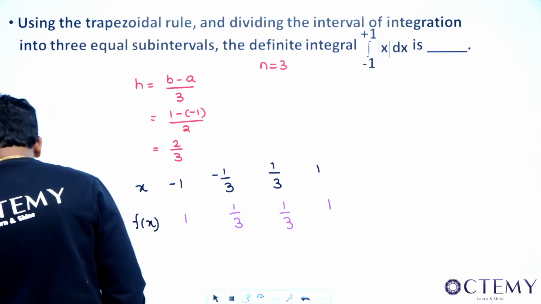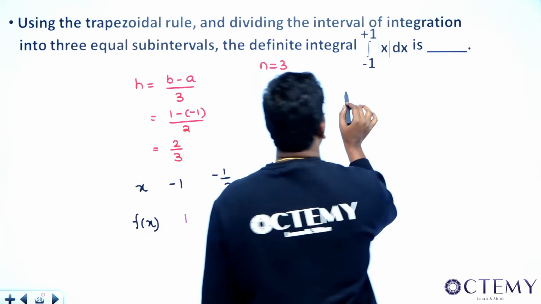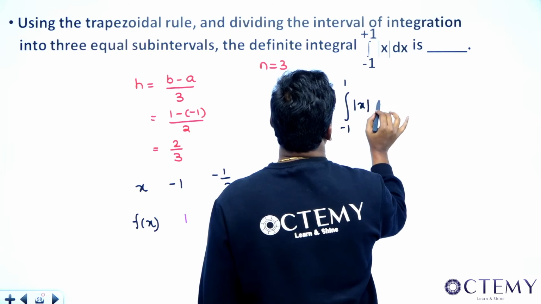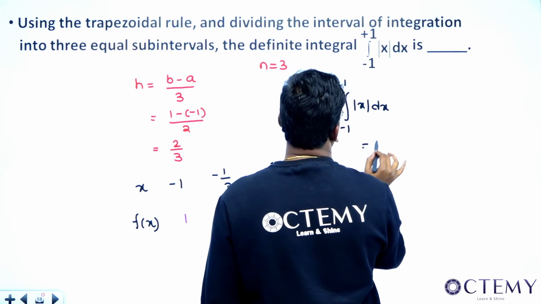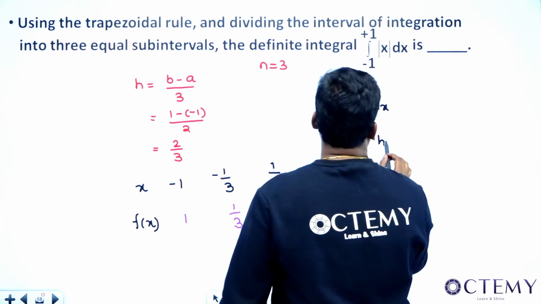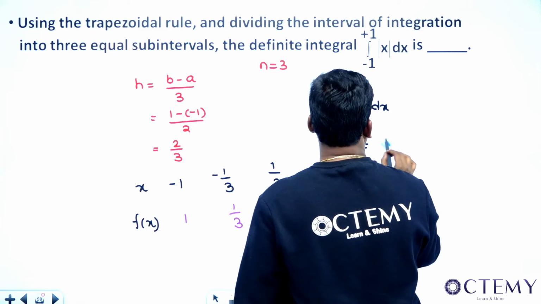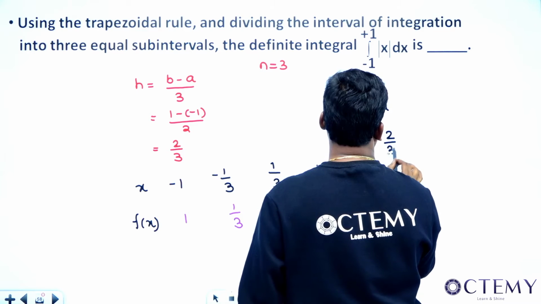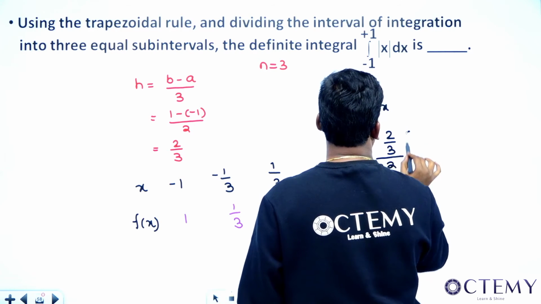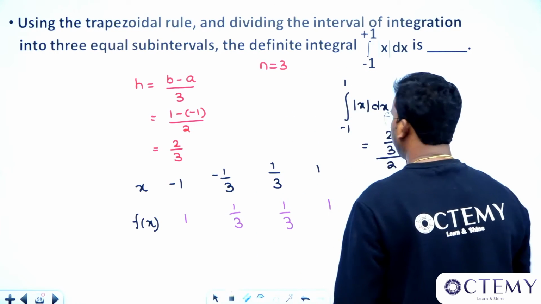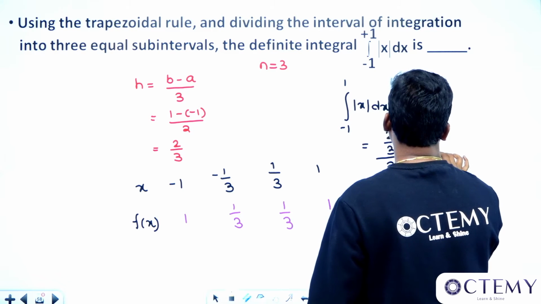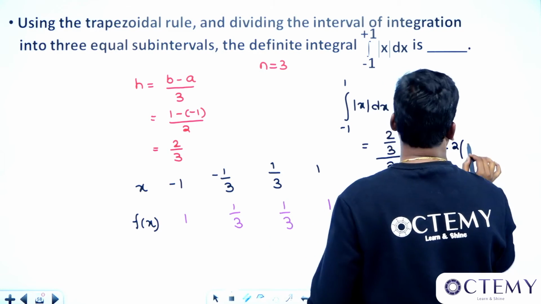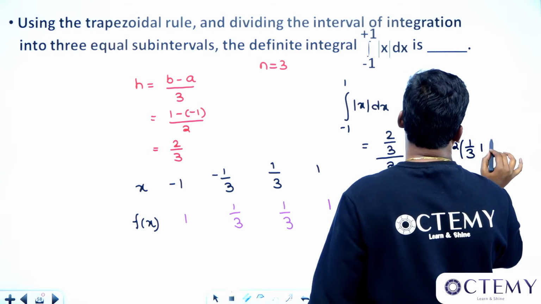Now if we substitute into the trapezoidal formula, the integration from minus 1 to 1 of modulus of x dx will be h by 2 times. What is the value of h? We have just discovered the value of h is 2 by 3. So h by 2 times the first one plus the last one, that is 1 plus 1, plus 2 times whatever is in the middle, that is 1 by 3 plus 1 by 3.